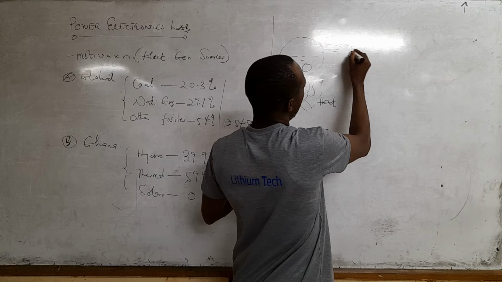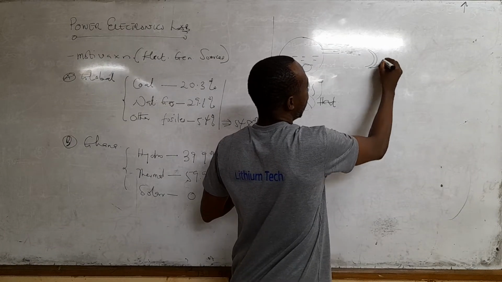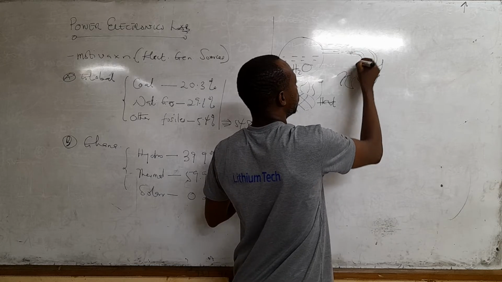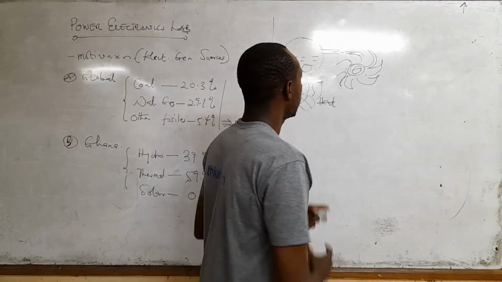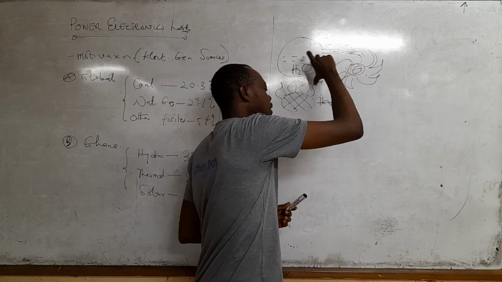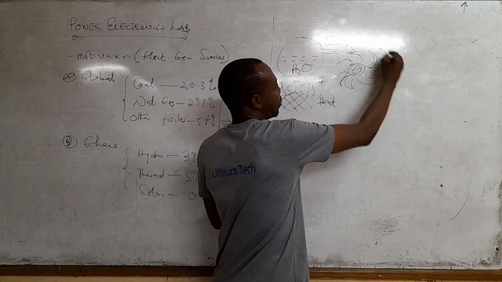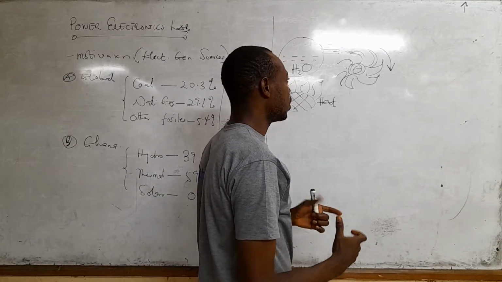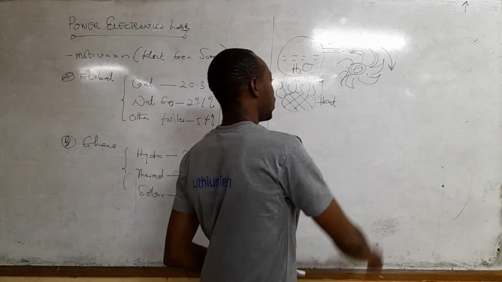If I have a turbine mounted in this shape, definitely this steam is going to turn the turbine in that direction. With a high pressure of steam coming out, you'll be able to get a very high mechanical energy on this turbine.